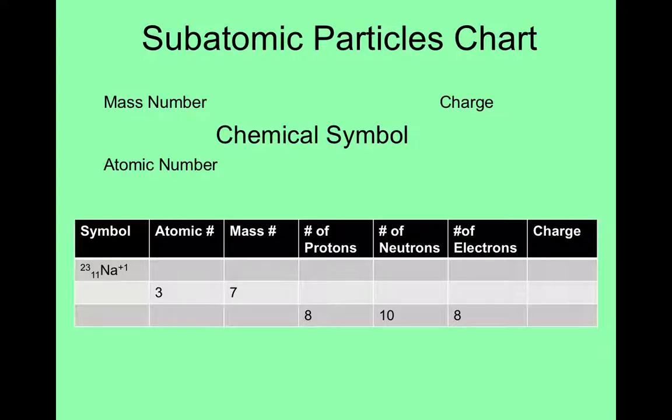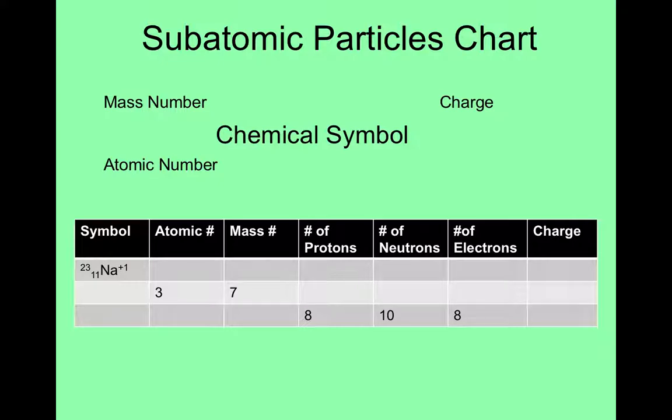The next thing we're going to do is look at a subatomic particles chart. Sometimes I'll give you the chemical symbol and ask you to gather information from that. Other times I'll ask you to write the symbol from the information given. So first we have to understand the chemical symbol. You have the elemental symbol.